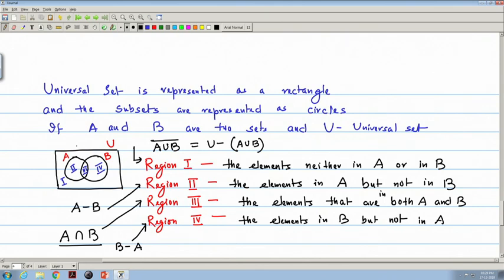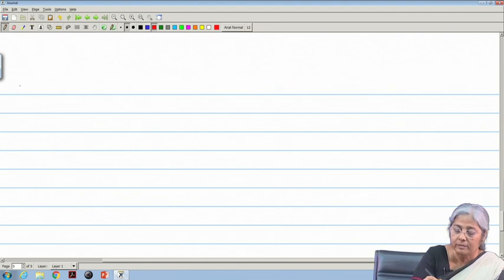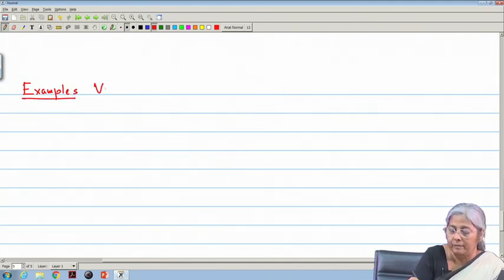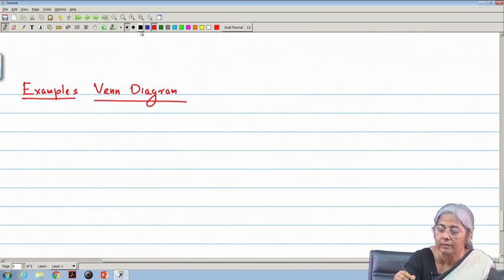Let us see more examples on Venn diagrams.